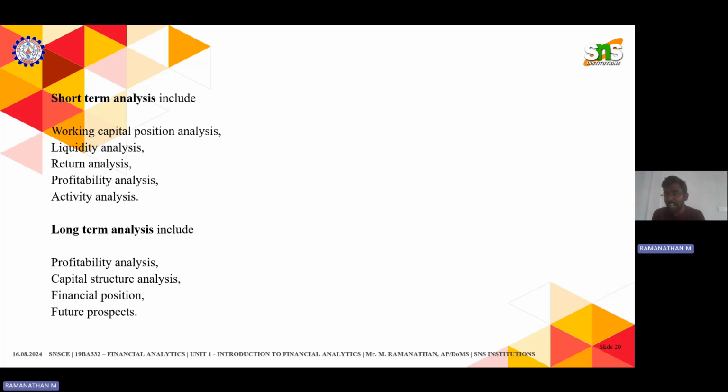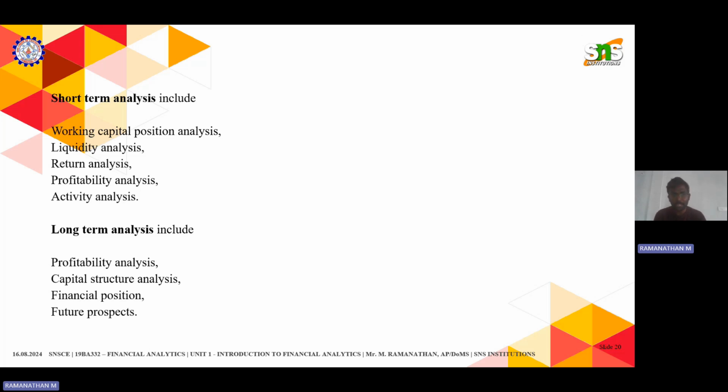We can use the cash flow statement, income statement, as well as balance sheet. Working capital position is from the balance sheet, liquidity analysis from the cash flow statement, return analysis from the income statement, profitability from the income statement, and activity analysis from the cash flow statement. These analyses can be done using the following financial statements.